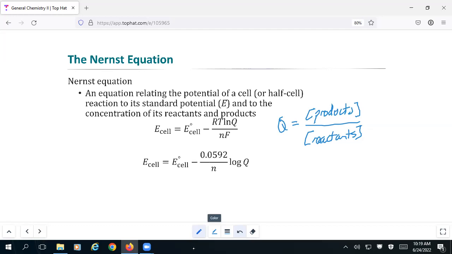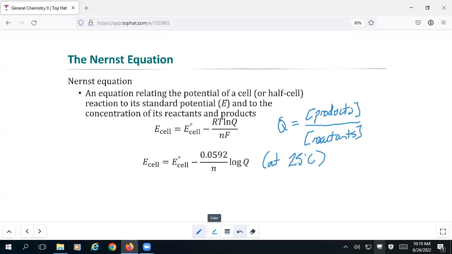Now, like I said before, if we are talking about 298 Kelvin, a lot of textbooks will offer you that shortcut version of the Nernst equation, where if we are at 25 Celsius, we can pull out R as a constant, T as a constant, F as a constant. And it's just an old school way of doing things.